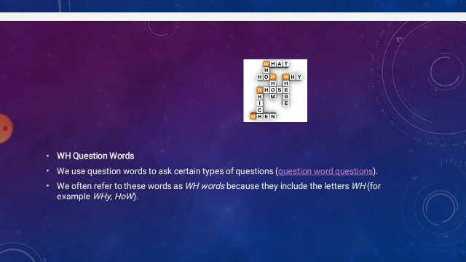So you can see what, who, how, why, where, whose, whom, which, and when. So these are WH question words.